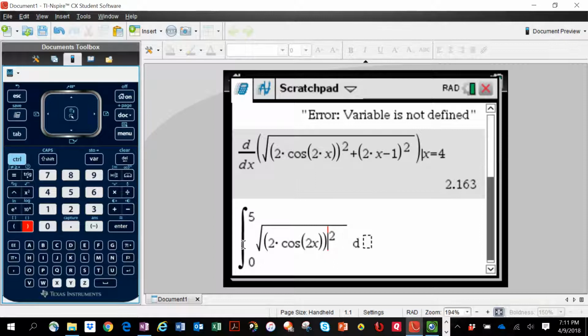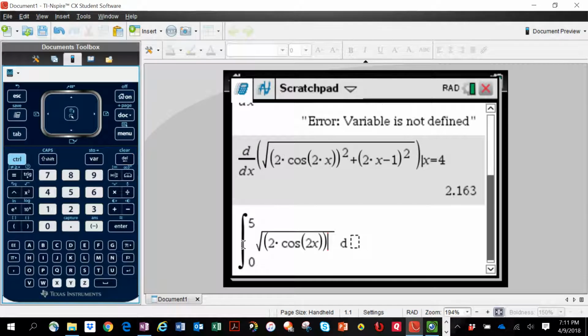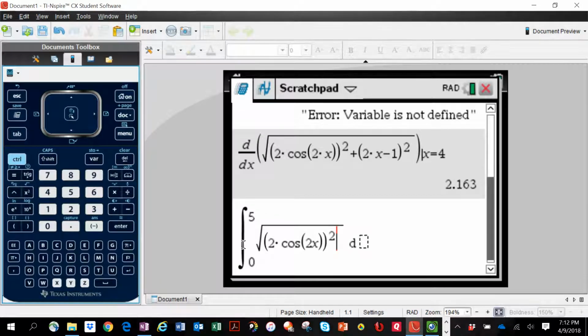I want to be careful with my parentheses. That's where the square goes. Squared plus the derivative of the y-coordinate squared. Integrate that with respect to x.